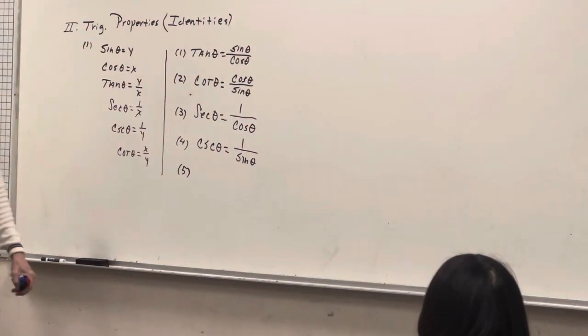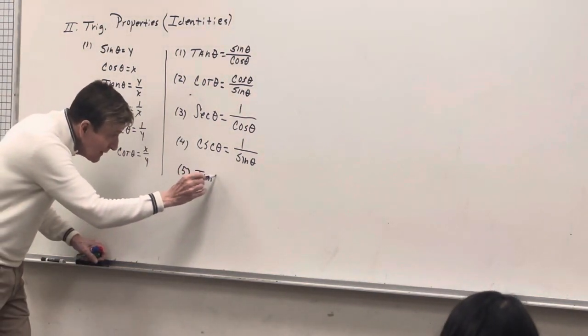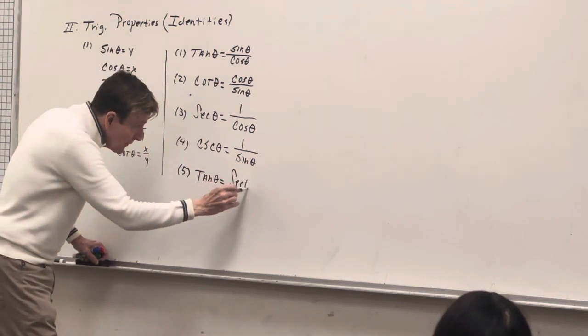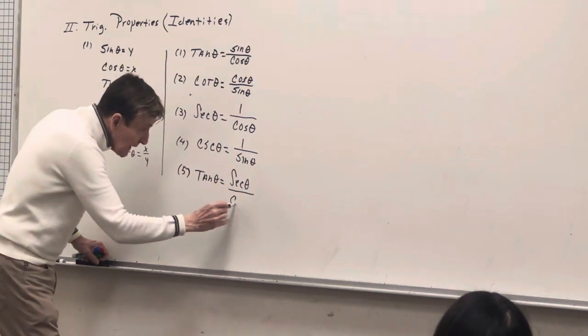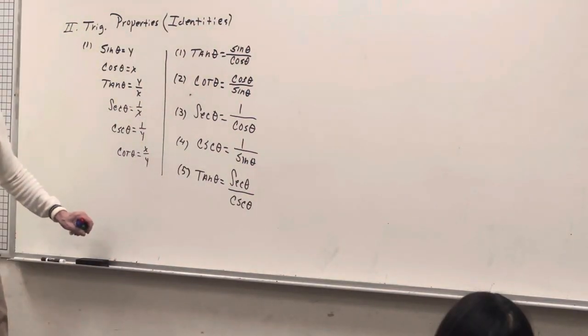Yes? Maybe tangent equals secant over cosecant. Secant over cosecant. Hang on now. I'm going to try it. Tangent. You're saying secant over cosecant? Hang on. You and Joseph are getting ahead of me. First, let me see if that's equivalent.